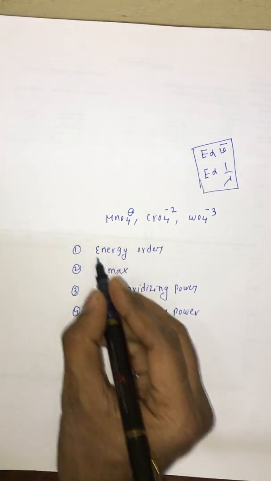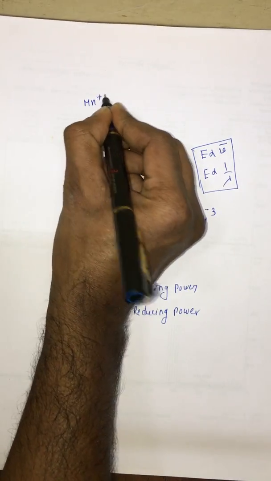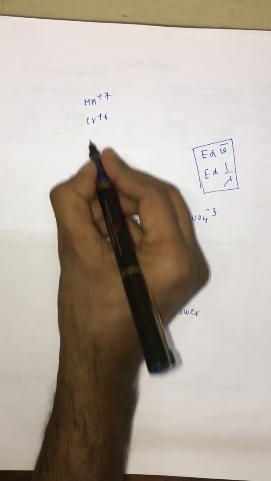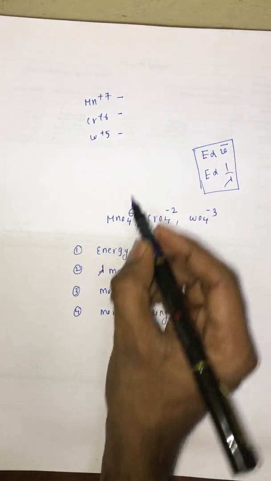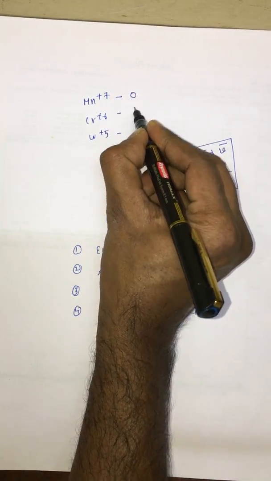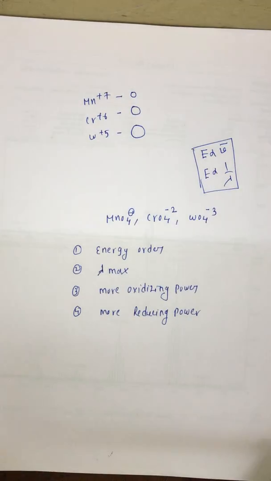We know that in MnO4, manganese is in the +7 oxidation state, chromium is +6 here, and vanadium is +5 here. If you see the size, manganese is small, chromium is bigger, and vanadium is bigger still.